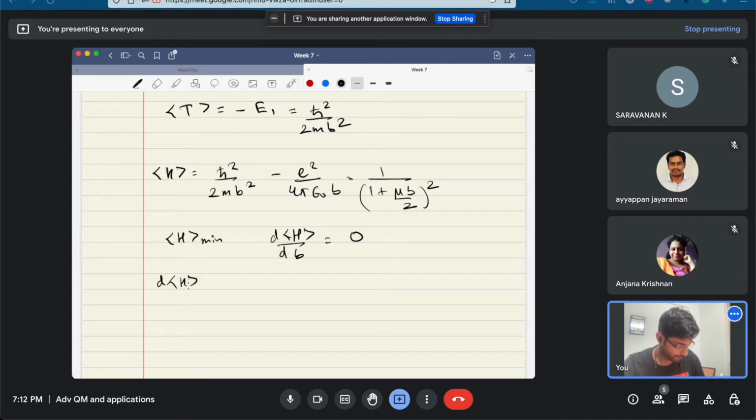Okay. So taking the derivative, what we get from the first term is nothing but your 2 h bar square. So there is a minus 2 m b cube, 2 gets cancelled out, and there are 2 b terms here, so we can deal with them one by one. So we have e square 4 pi epsilon naught b.